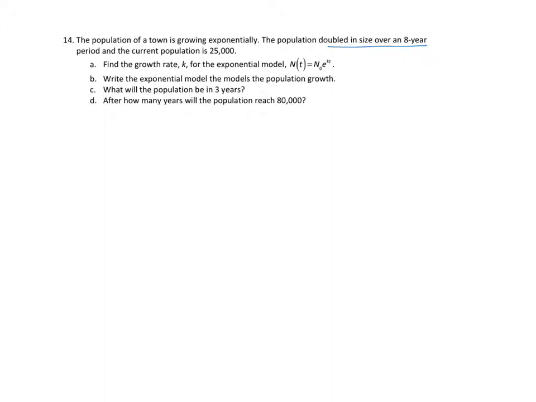Assuming that trend will continue moving forward, 8 years from now, it would double again. So if the current population, or the initial population, is 25,000, the population after 8 years, N of 8, would be double that, which would be 50,000.